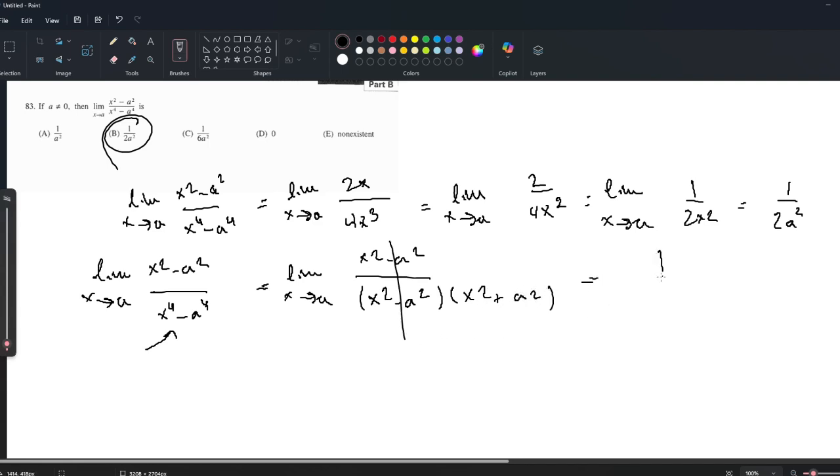These would cancel out, so you get 1 over x squared plus a squared. So then you would get 1 over a squared plus a squared, which equals 1 over 2a squared. So you end up getting the same answer. There's 2 different ways to do it. I probably would have done L'Hopital's rule, but if you'd rather factor it, then you can do that too.